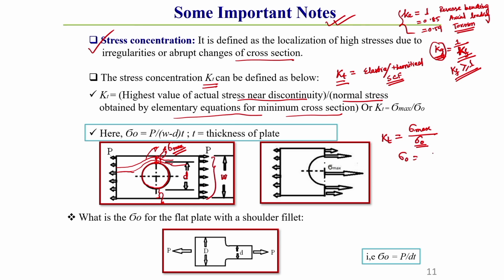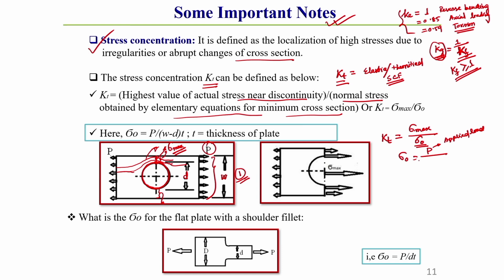So sigma 0 is the applied load P, which is shown in this first figure, figure number 1, divided by the minimum section area we need to consider. Minimum section area means we remove the diameter portion of the material, and consider the remaining minimum cross-sectional area.